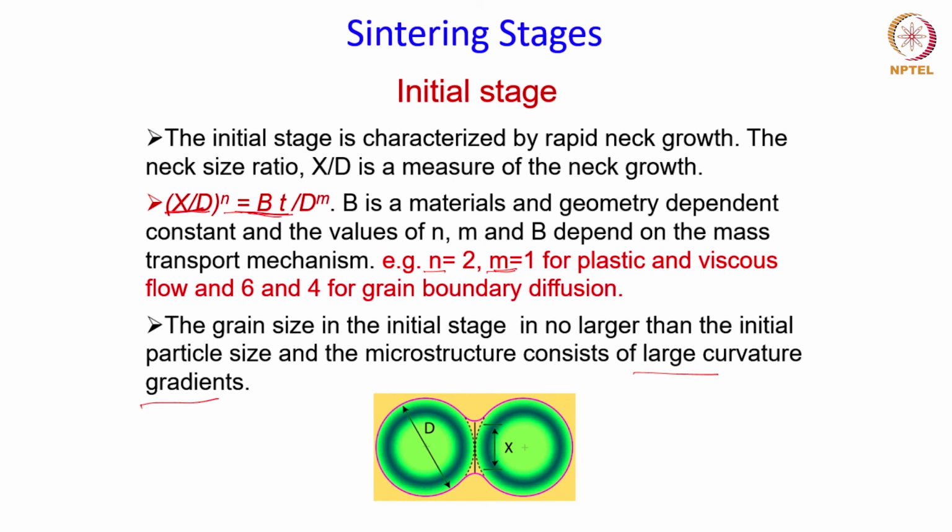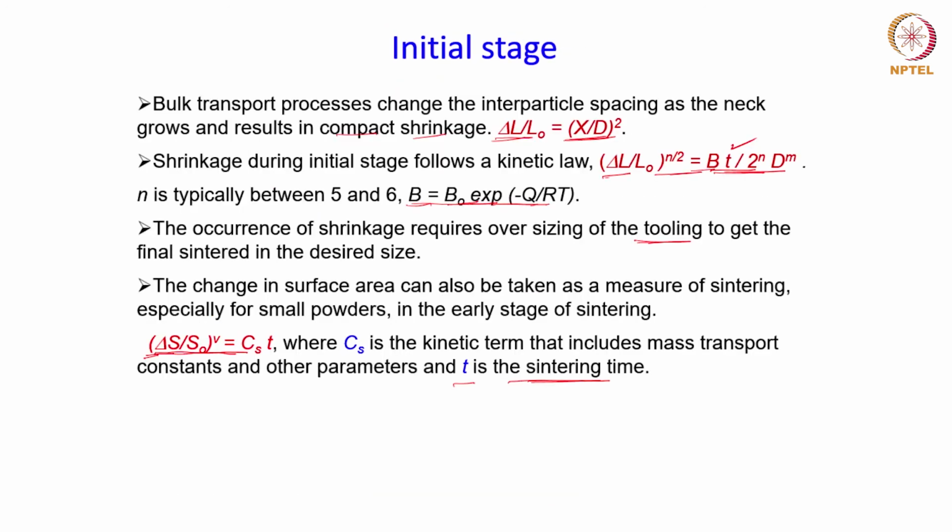and it considers an isothermal growth of the neck, which can be seen through an equation like this: the growth with respect to the sintering time. And then we also talked about the shrinkage which takes place during the initial stage of sintering, and this again is related to the neck size ratio x by d.